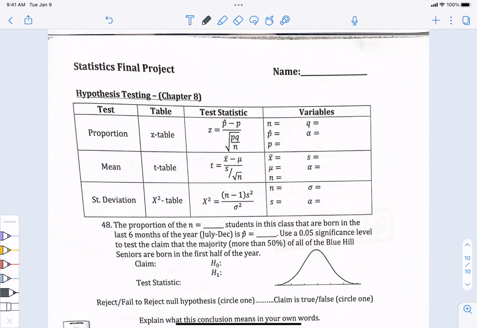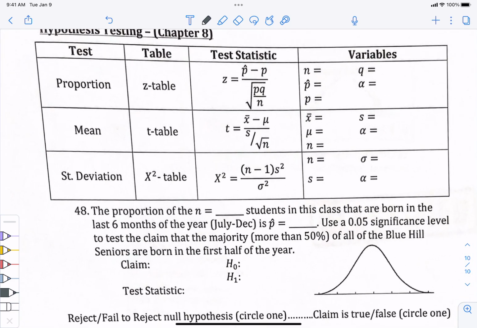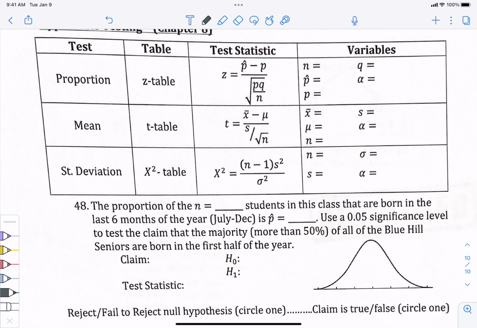Hypothesis testing. Now, this is the easy hypothesis testing where you're only doing one set of data. You're not doing like P1 equals P2 or mu1 equals mu2. You're doing like P is equal to 0.5 or P is greater than 0.5, that type of thing. So to do your test statistic, this is your formula.